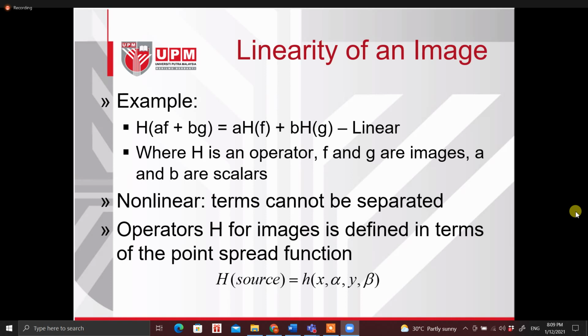Number one, what is important is linearity of an image.